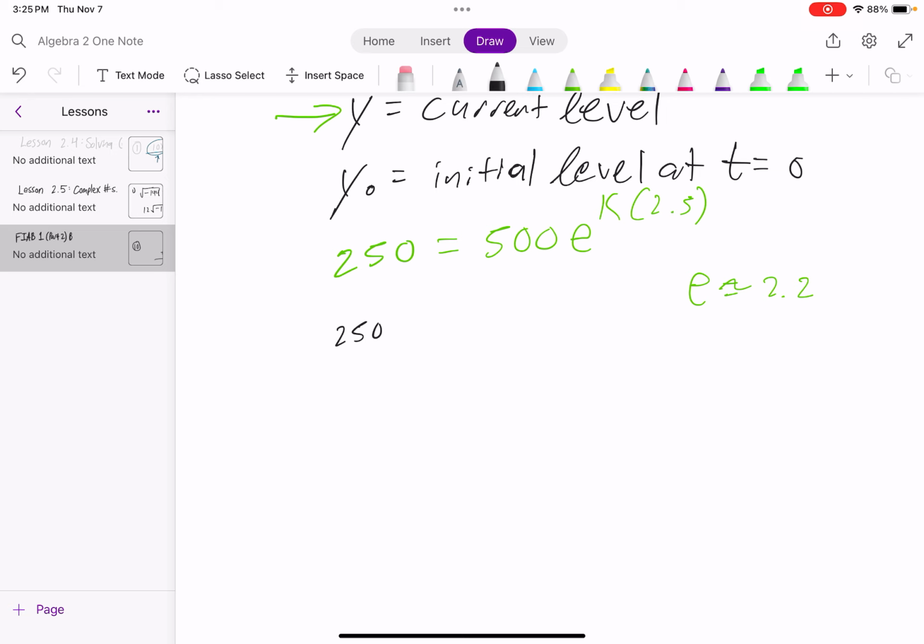So 250, if we divide it by 500, the zeros cancel. And we're left with 25 over 50 is equal to e to the k 2.5. If we want to get rid of that, I'm going to ln both sides.